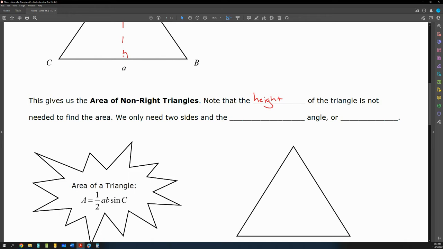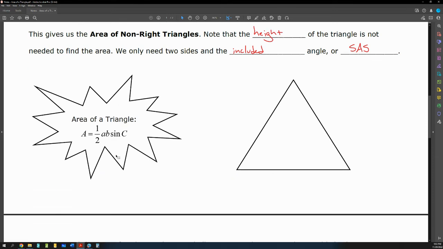We only need two sides and the included angle, or side angle side. Okay? So we have area is equal to 1/2 ab sine C. So for example, if I have a, b, and C like this, we can find the area of the triangle. Okay, so any two side lengths and the angle in between.